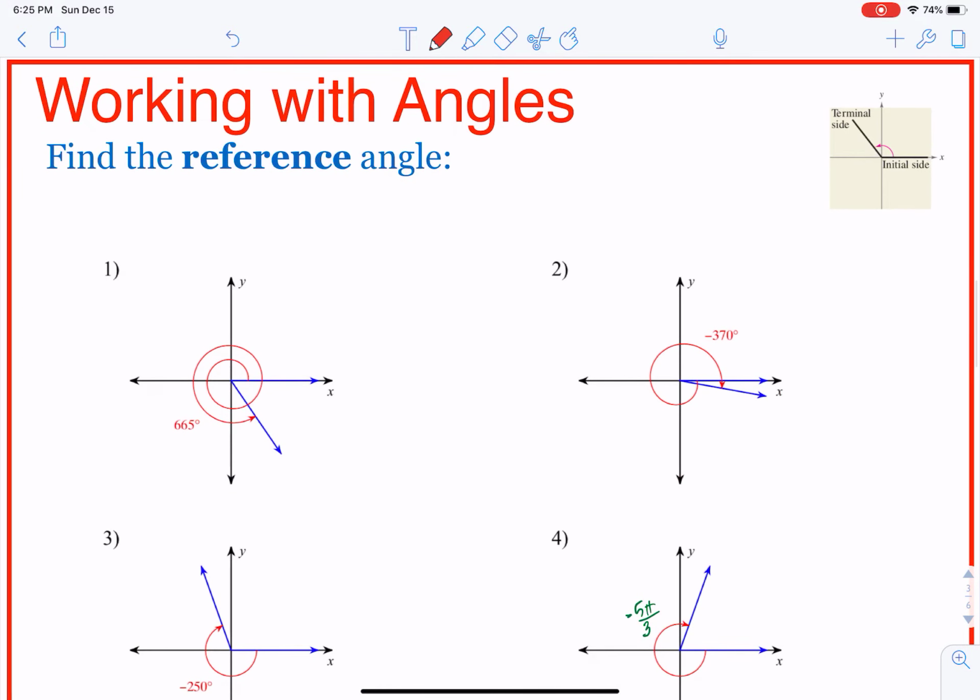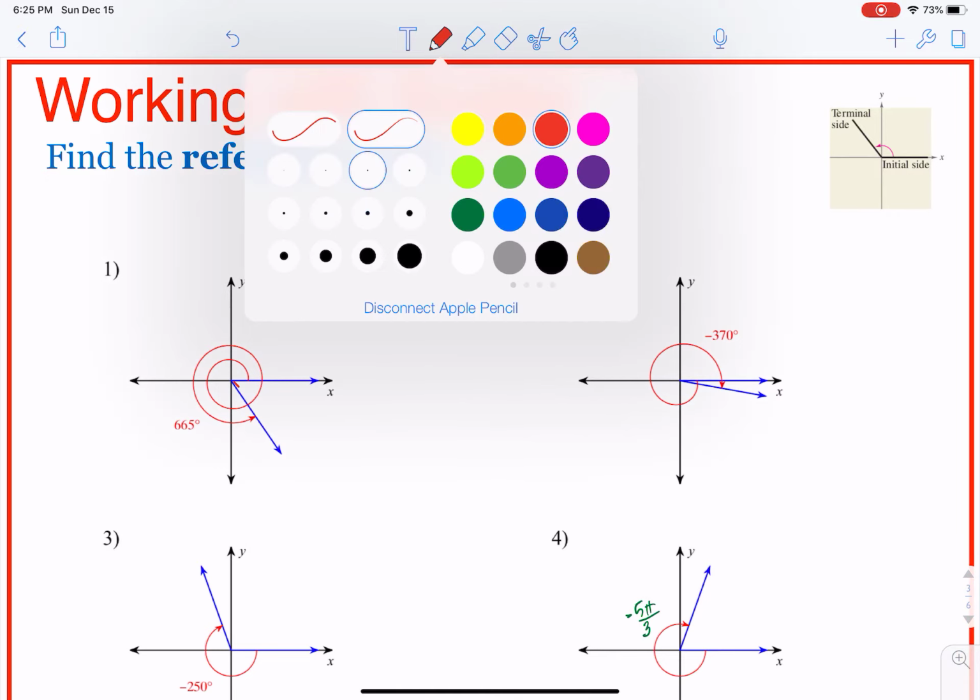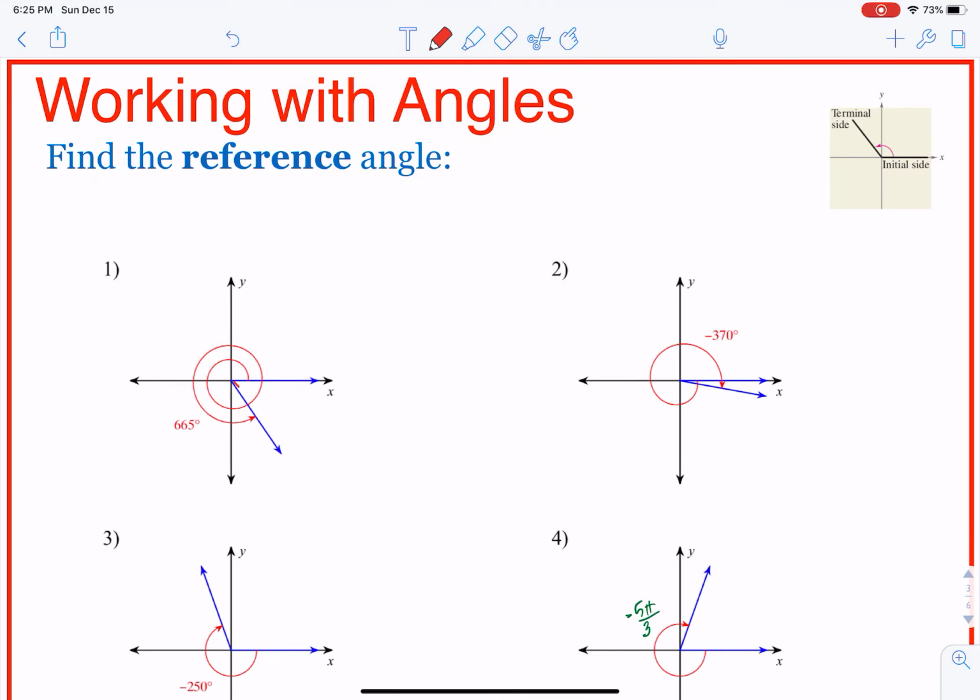Moving forward, in working with angles, this is asking us to find the reference angle. When we are talking about a reference angle on a coordinate plane, I'm always talking about the angle that's made with the x-axis.